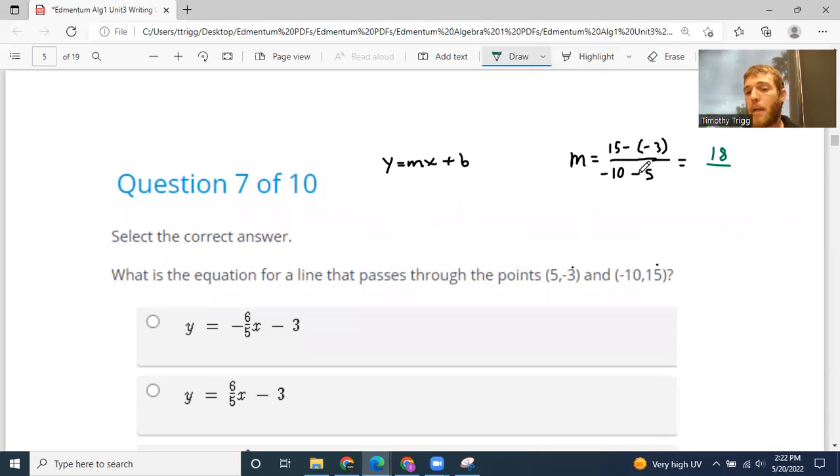Over -10 minus 5 is -15. So negative. And I could reduce this fraction. I could divide both of these by 3, to give us -6/5. It's negative because a positive divided by a negative, different signs, always makes negative. So our slope here is negative 6/5.